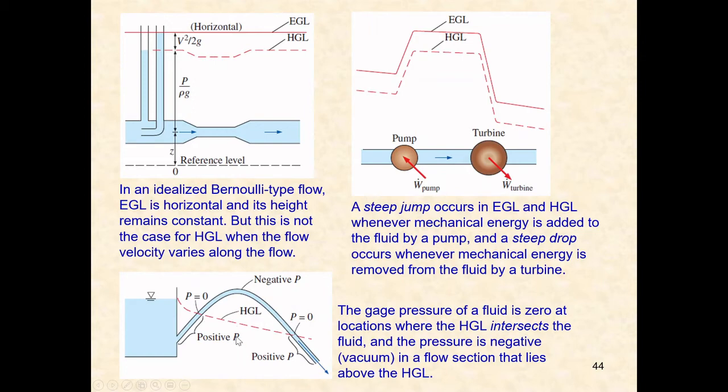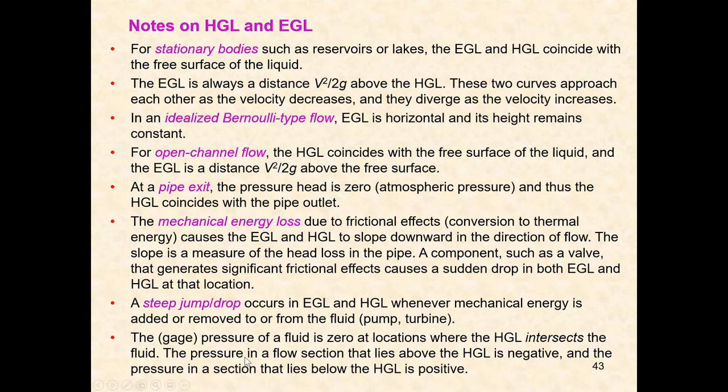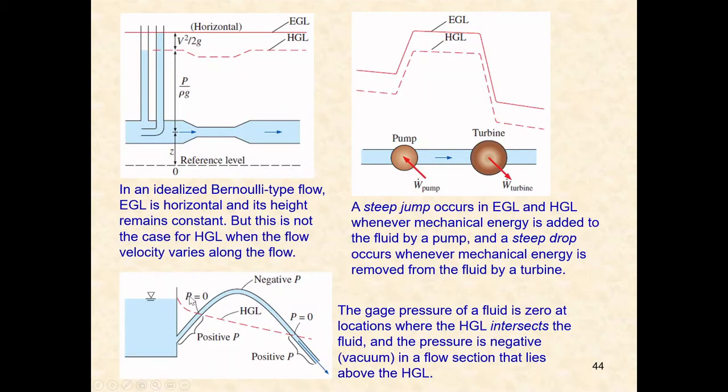Alright, and then below it is positive pressure. So as stated here, the pressure in the flow section that lies above the HGL is negative, and the pressure in the section that lies below the HGL is positive. Okay, so you can see that you have negative pressure above and positive pressure below.